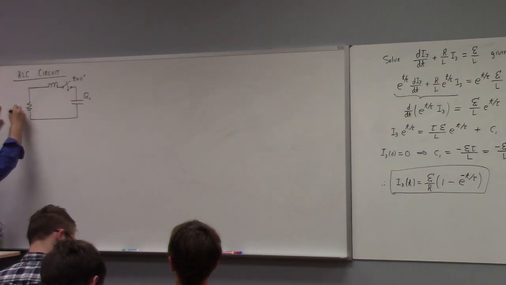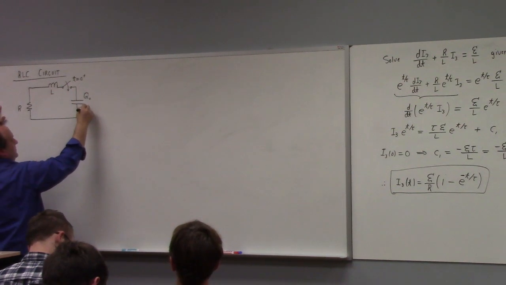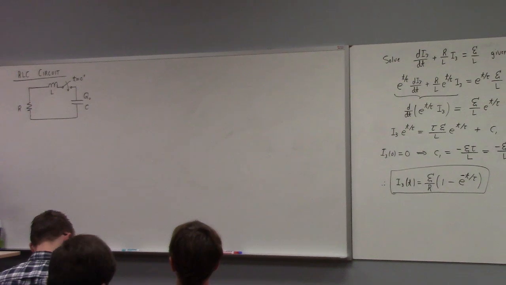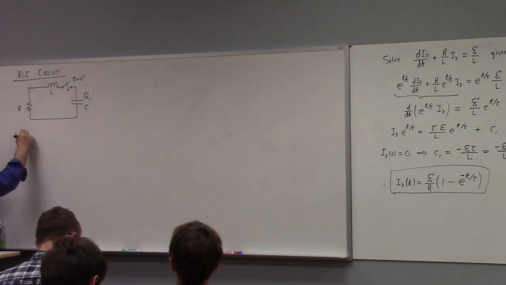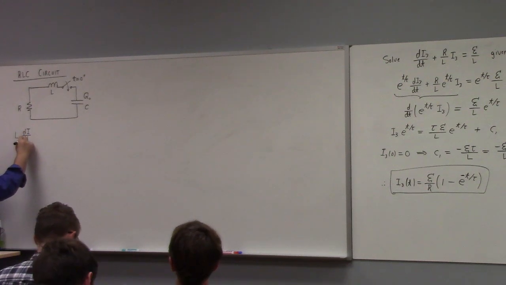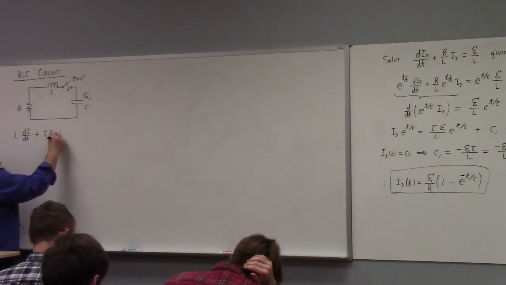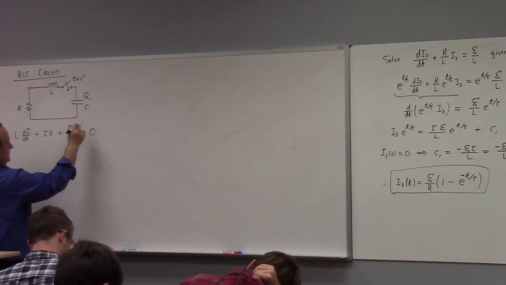So what equations does such a circuit have to solve, right? We put everything we've done so far together, and we get Kirchhoff's voltage law: L di/dt plus I times R plus Q over C is equal to 0.